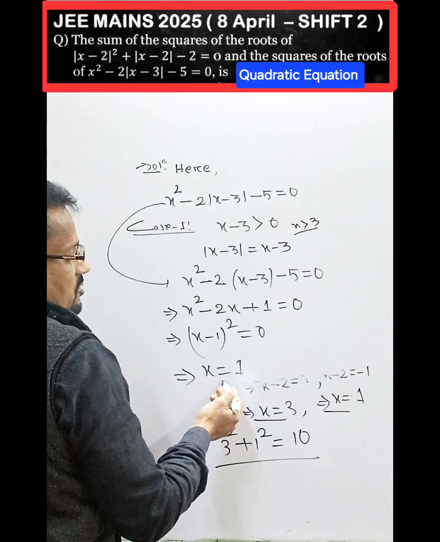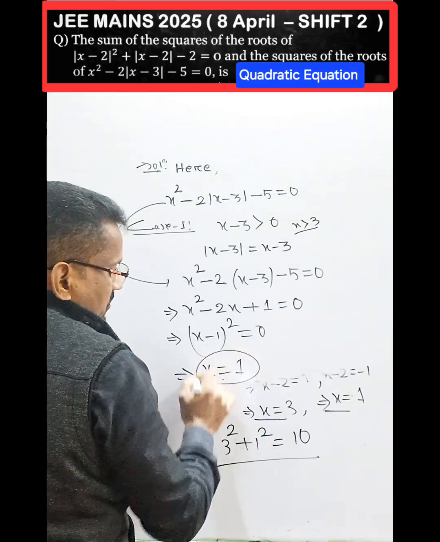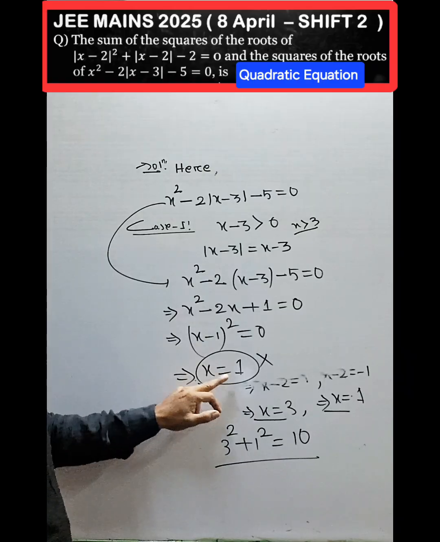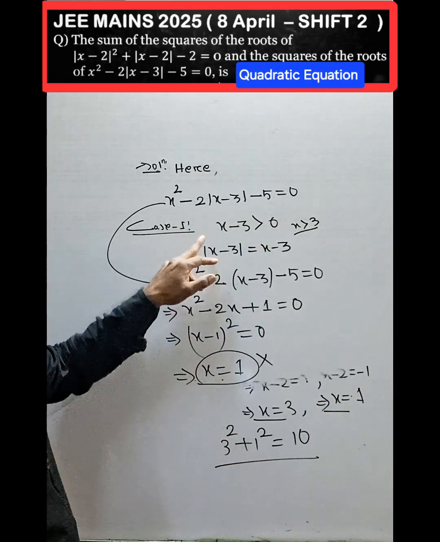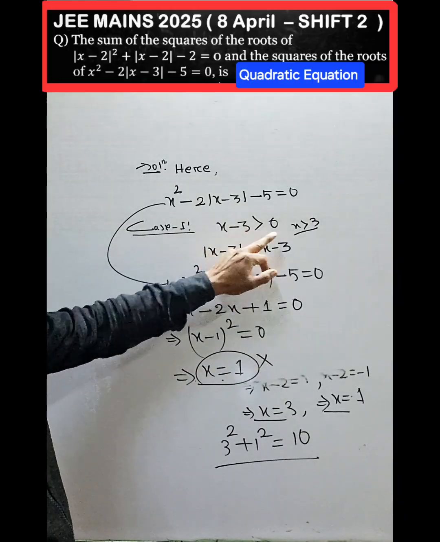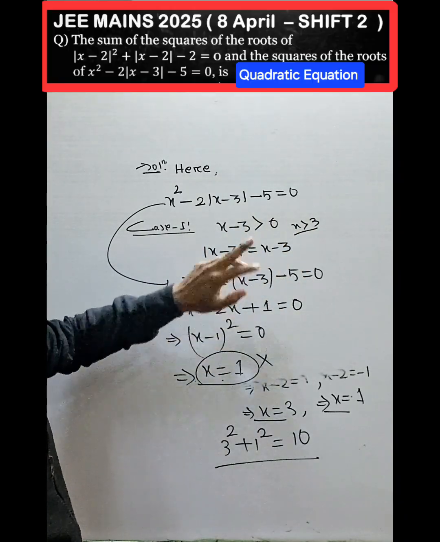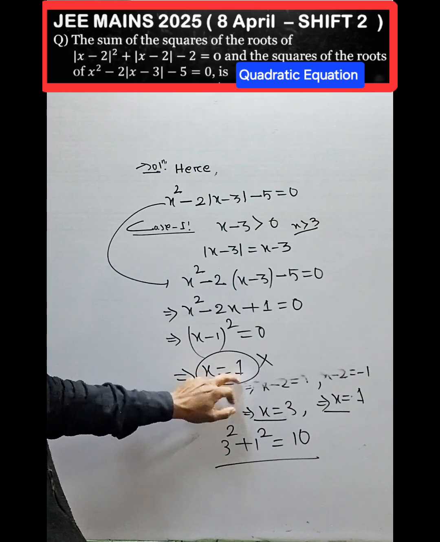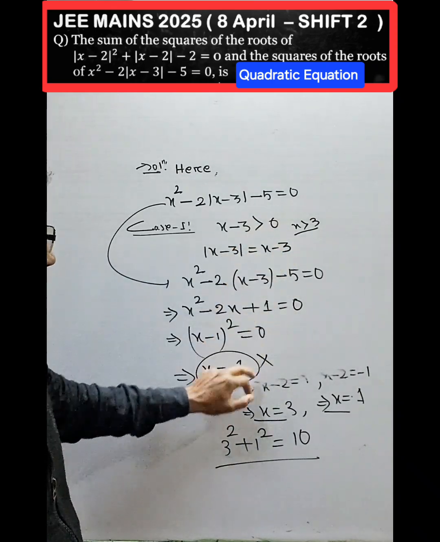But 1 is not greater than 3, that's why x equal to 1 is not acceptable. So you have to reject this. So under case 1, whatever solution you get is not acceptable, because in case 1 you decided that x is greater than or equal to 3. After solving this, you obtained x equal to 1. That's why x equal to 1 is not acceptable, it is contradictory.